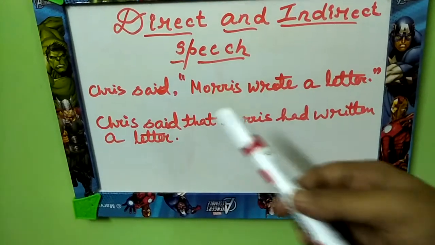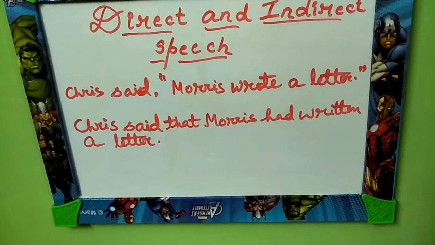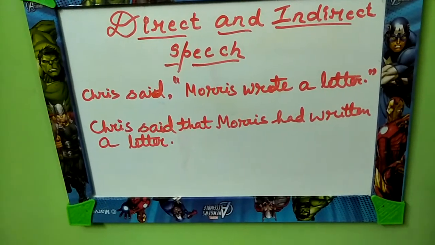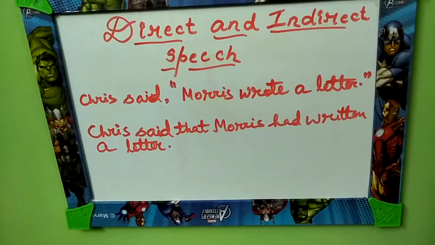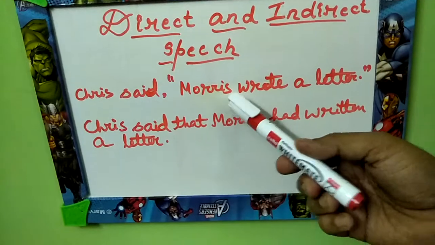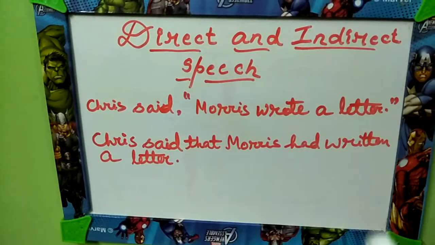Now when we change the speech to indirect speech, the same information is given through someone else. What Chris said is the exact speech of Chris, that is the direct speech.